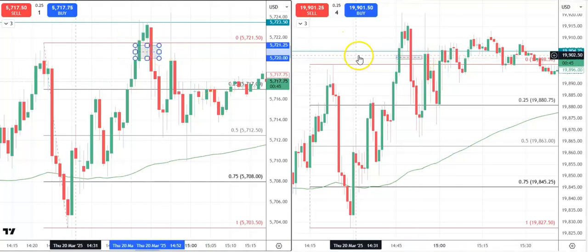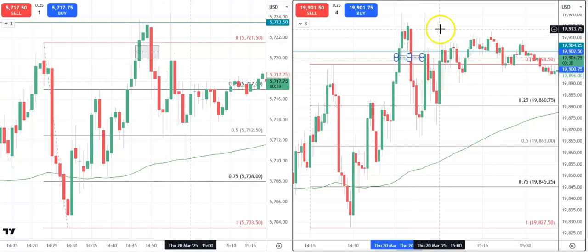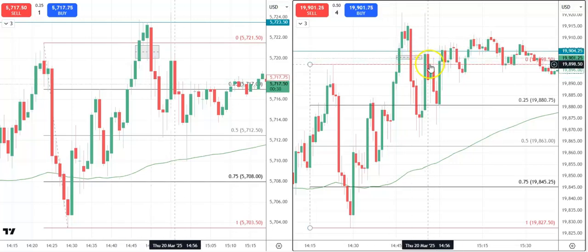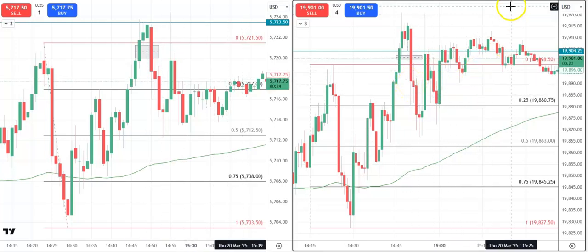You can call it supply and demand, support, resistance, whatever you want to call it. It doesn't matter. This little gap right here, fair value gap, inverse fair value gap, either way, it works. So you want to close below that on this time frame, and we get that here on this 14:50 candle.